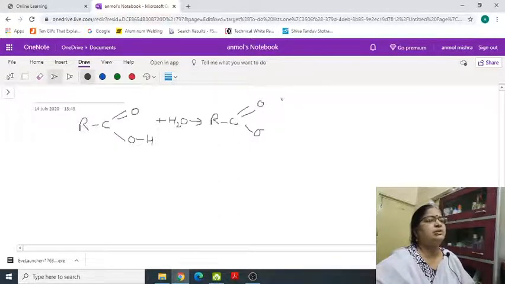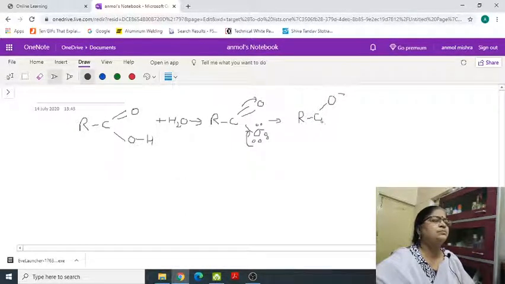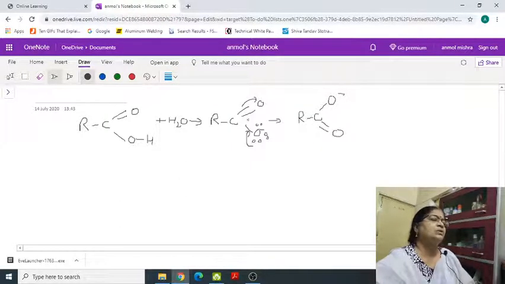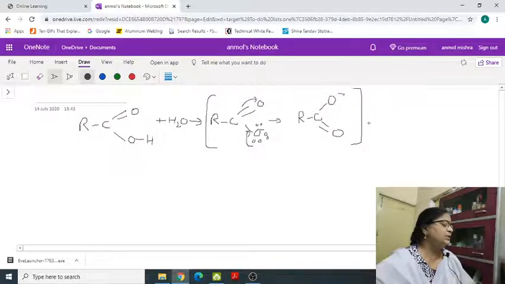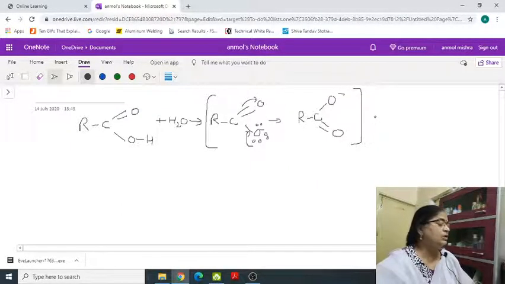Now its resonating structures are these two structures, in which the negative charge is present on the more electronegative oxygen atom, whereas in the case of phenol it is not stabilized by resonance.